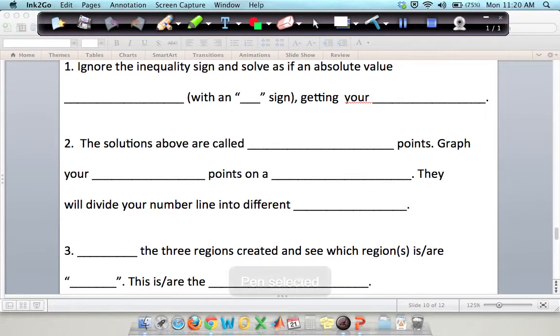So the first thing that you're going to do is ignore the inequality sign and solve as if you had an absolute value equation. So that means ignore the less than or greater than and solve as if you had an equal sign, getting your two solutions. The solutions above are called your boundary points.